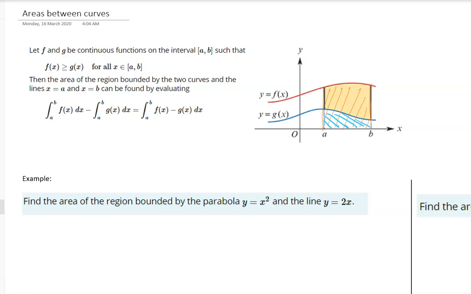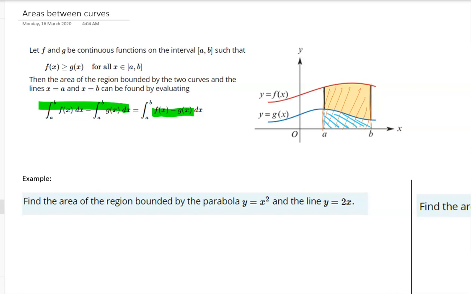Now, the beauty about this process is you can do it two ways. You can find the two areas separately and subtract, or you can find the difference between the functions and then find the integral of that function, and you get the same outcome.